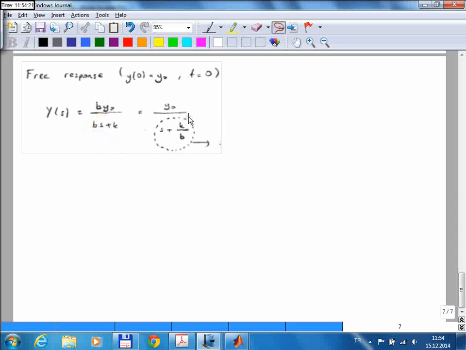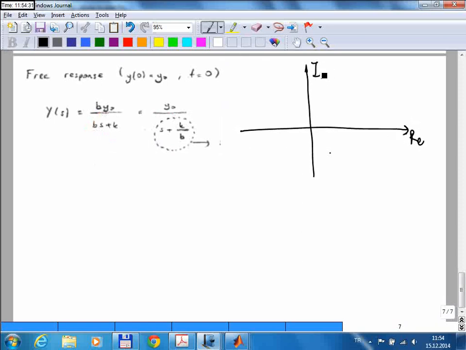This pole is located, according to this function, at minus k over b. So the pole will be on this plane, and it has to be on the real axis, right? Because there's just one pole, and if the pole was here, then the symmetric of that pole would have to be a pole itself. So we would need to have at least two poles. But since we know that there's just one pole, it has to be on the real axis. So let me just put it here, and this is minus k over b.